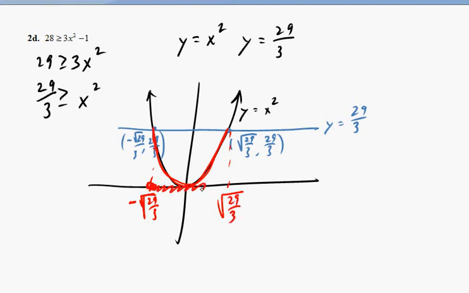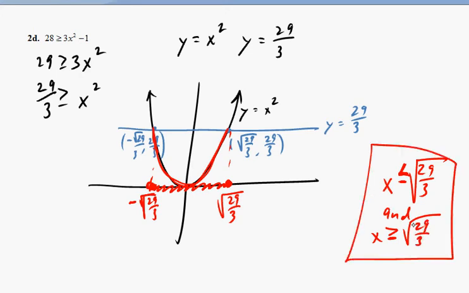All of these points in between. And therefore, x would be less than or equal to the square root of 29 thirds, and x also has to be greater than or equal to negative square root of 29 thirds.